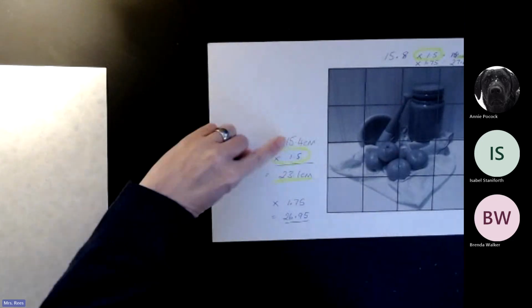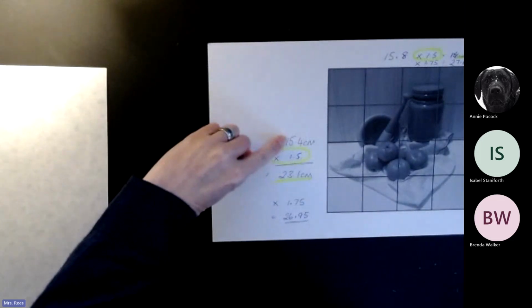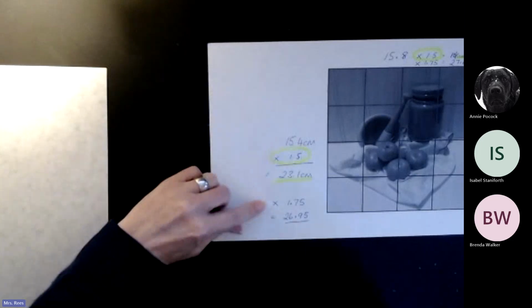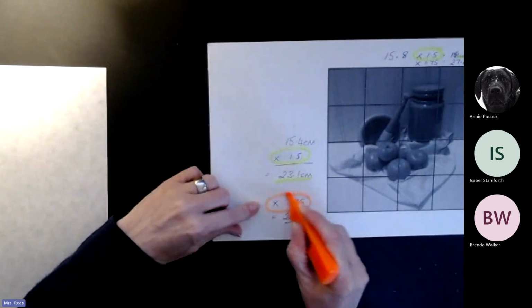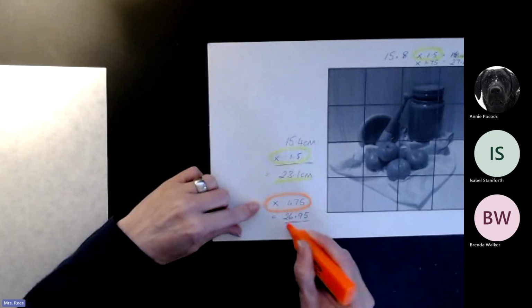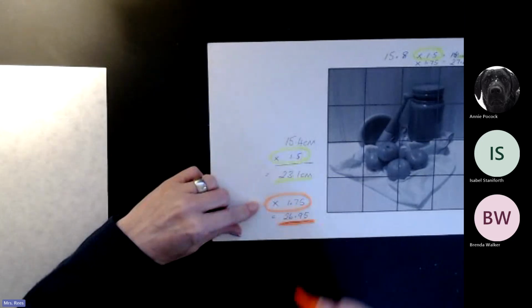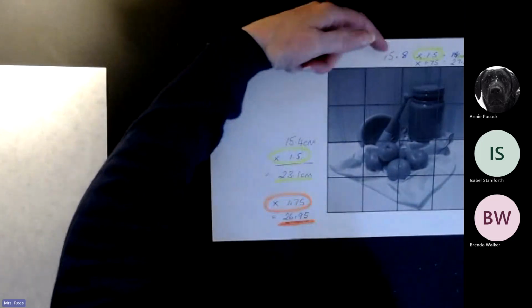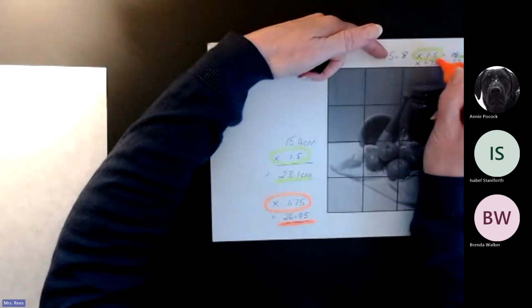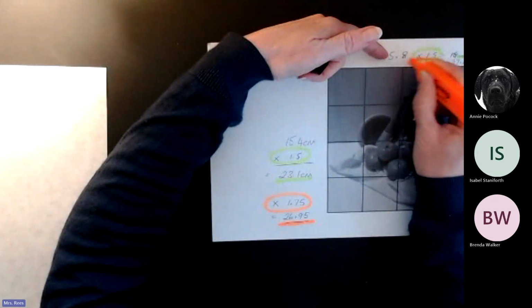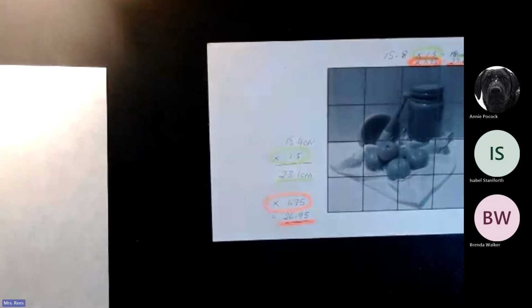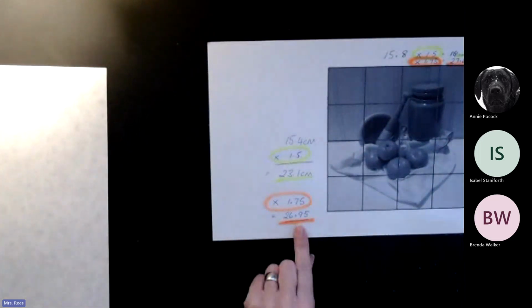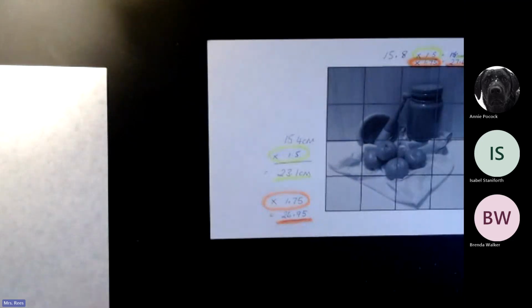So I thought, okay, if I times 15.4 by 1.75 this time, almost like 1 3/4, it would give me 26 centimetres. And if I did 15.8 by 1.75, because you've got to times it by the same number, it gives me 27.6, okay, so 26.9, 27.6.